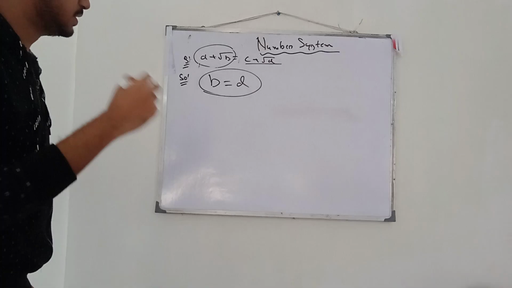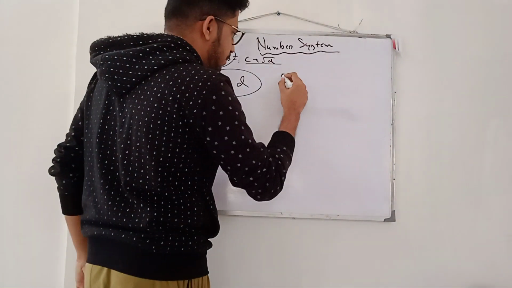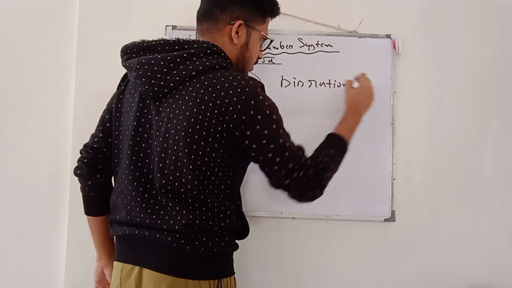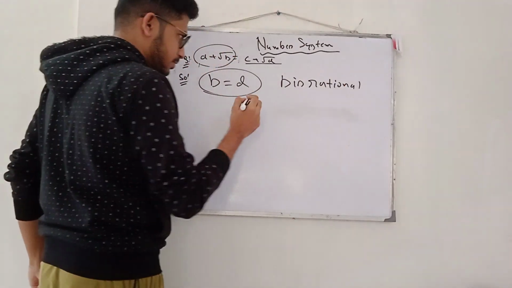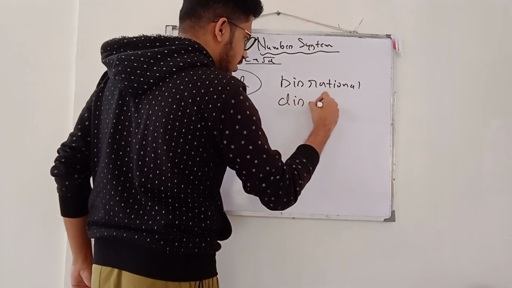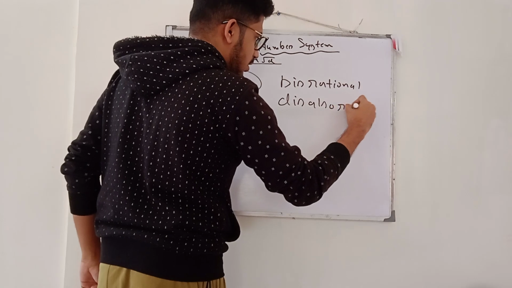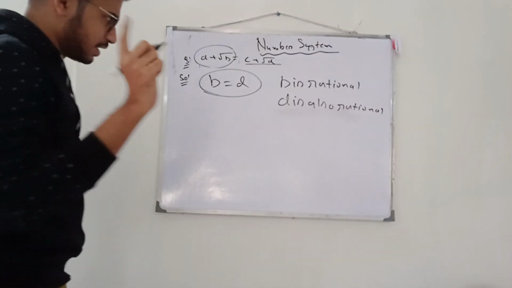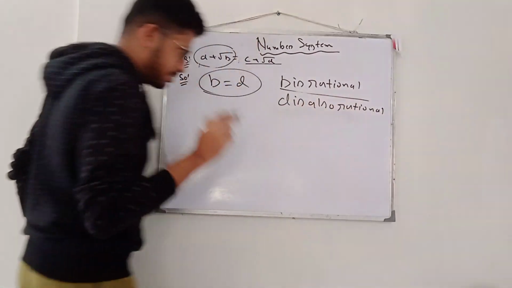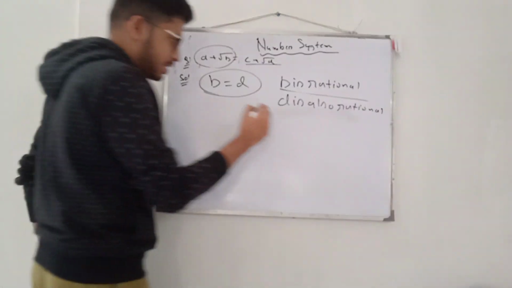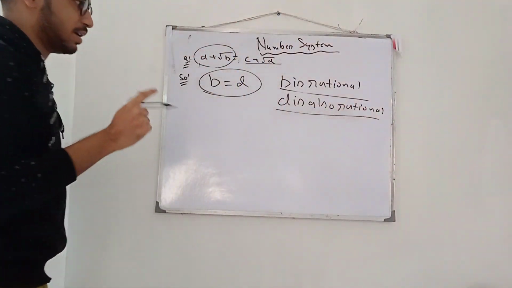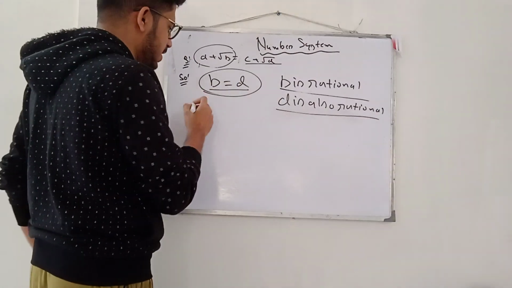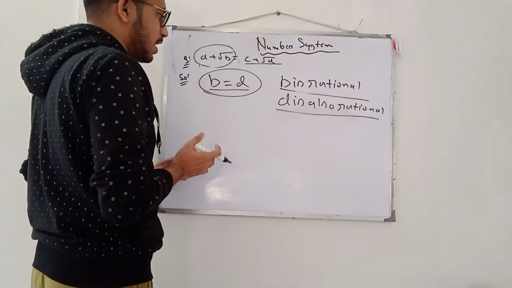So this is how, if b is rational, then d is also rational. Because we have proved that b is rational, so in that matter d needs to be rational. Because b is equal to d. If b is rational, then d is also rational.